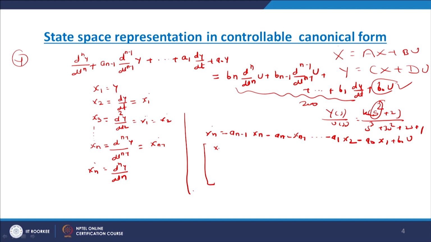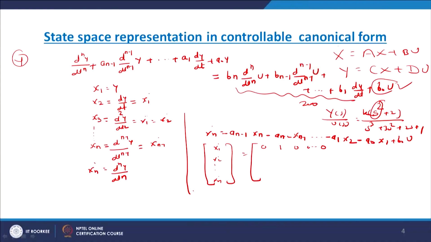So, we write x1 dot, x2 dot up to xn dot equal to, now what is x1 dot? x1 dot equals x2, so we write 0 1 and the remaining elements are 0, like 0 1 0 0 0.